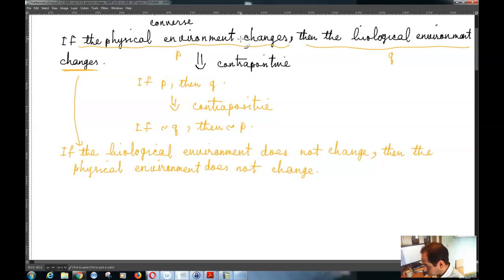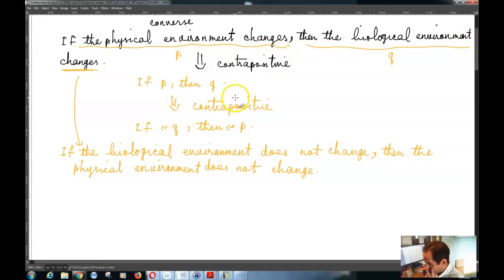Now, what this means is that both these statements convey the same meaning. So let's see what that means, or what that could mean actually. It says that if the physical environment changes, then the biological environment changes.